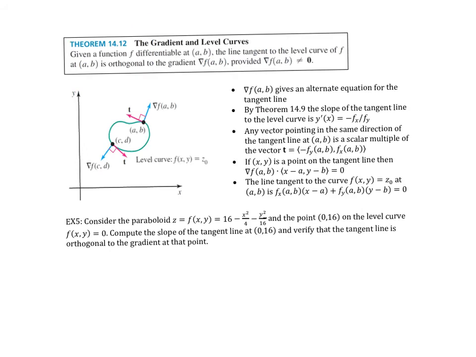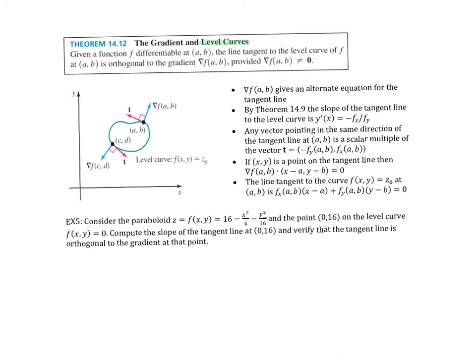We're going to move on and look at applications of this gradient vector. It is very powerful. And we're going to review in Theorem 14.12 level curves. So remember what a level curve of a surface is. You're just intersecting the surface with some z-plane.